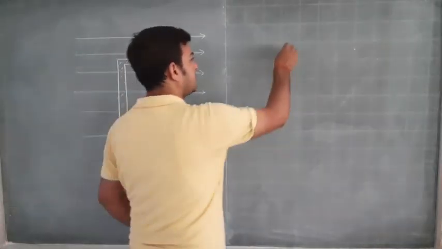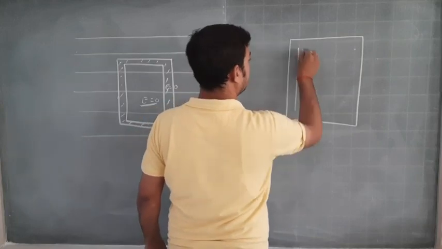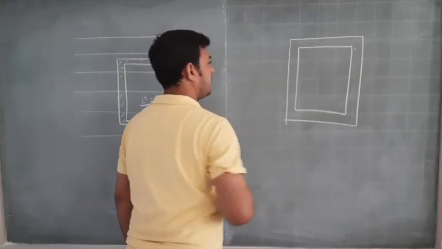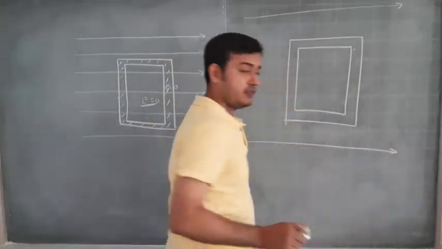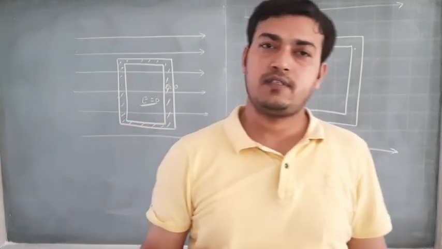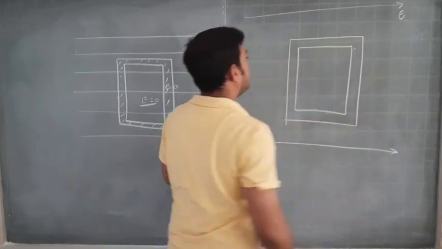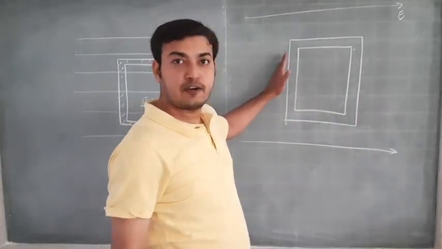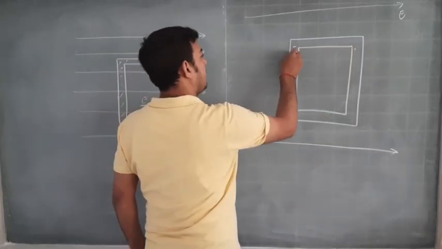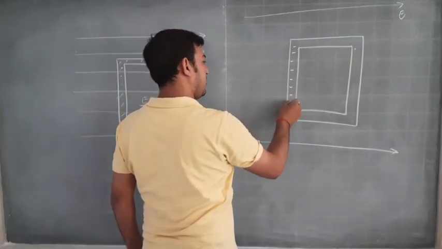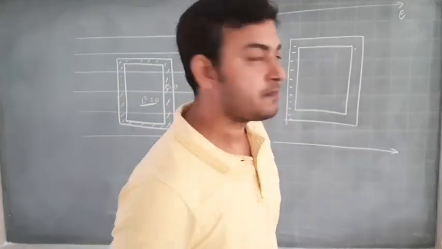So let us consider this situation. This is a rectangular conducting box placed in a field. Now what will happen, since we know that every conducting surface has free electrons, so this electric field will apply a force on the free electrons in the opposite direction of the electric field, and these electrons, meaning the negative charge, will appear on this front surface of my rectangular shell.